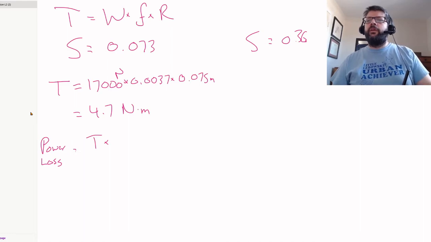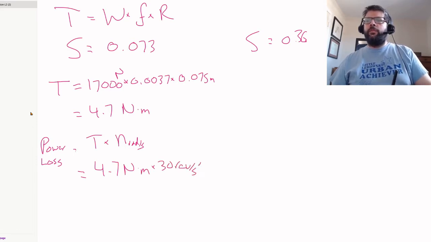So torque times our rotational speed in rads per second: 4.7 Newton meters times 30 revolutions per second times 2 pi radians per rev.